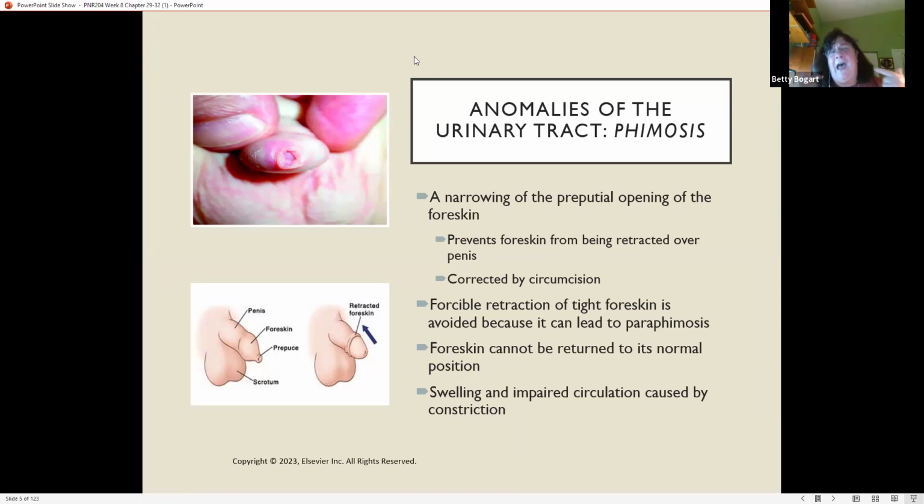Well, I couldn't pull it down. I mean, it was very tight. So we ended up getting him circumcised, not for cosmetic reasons, but because if you can't pull it down, there's going to be that smegma that builds up underneath. It's like a petri dish. And then, of course, infection. So phimosis is that tightening. You cannot pull it down.